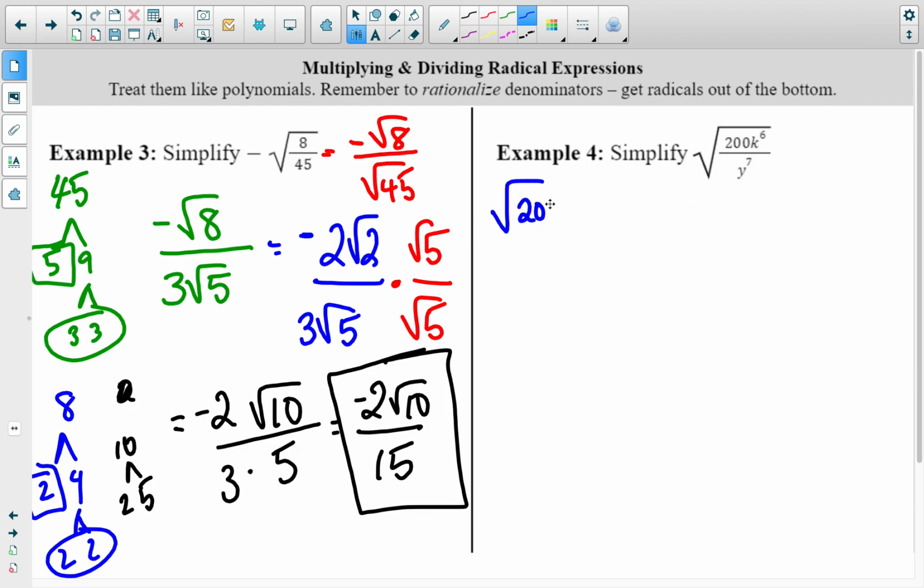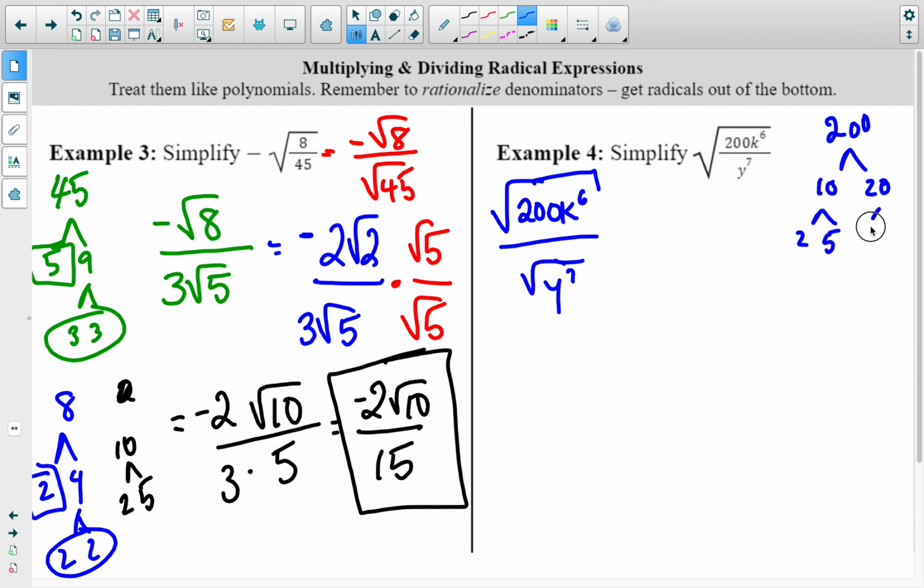All right, square root of 200k to the 6th over square root of y to the 7th. So let's work with that 200 first. I broke it up in my head as 10 and 20, and then 2 and 5, and then 2 and 10, and then 2 and 5.